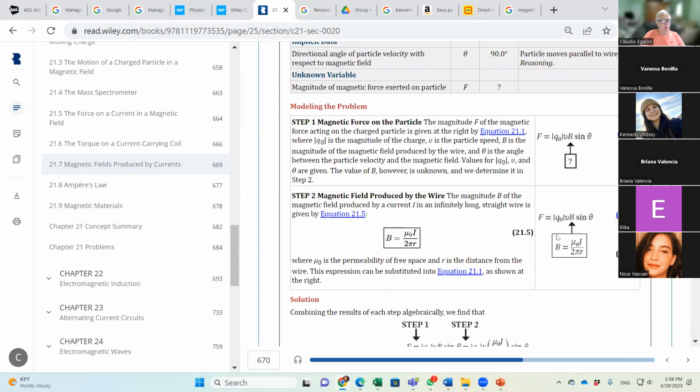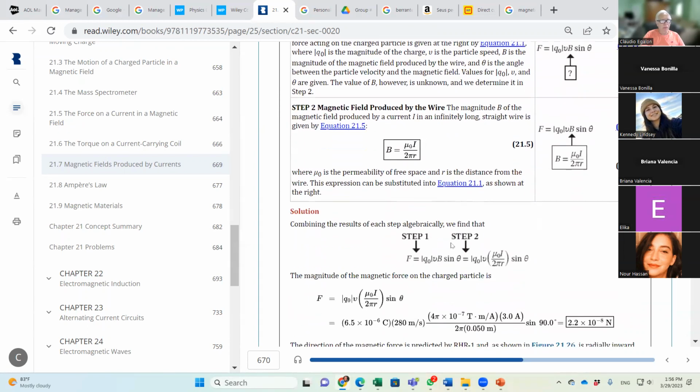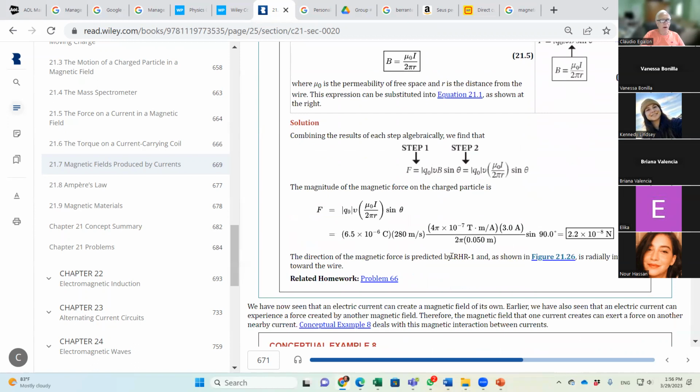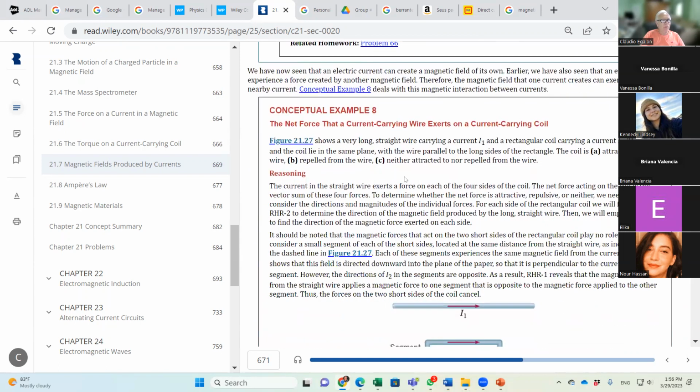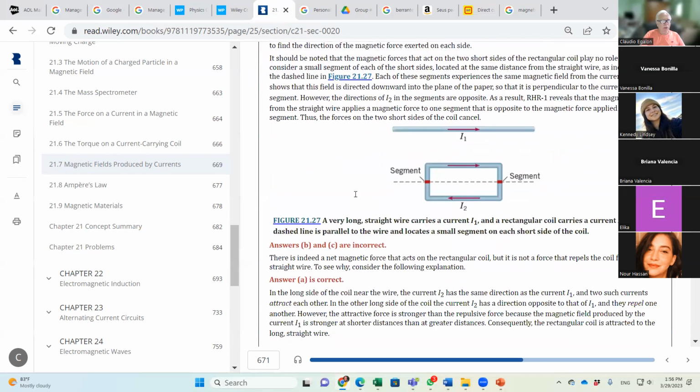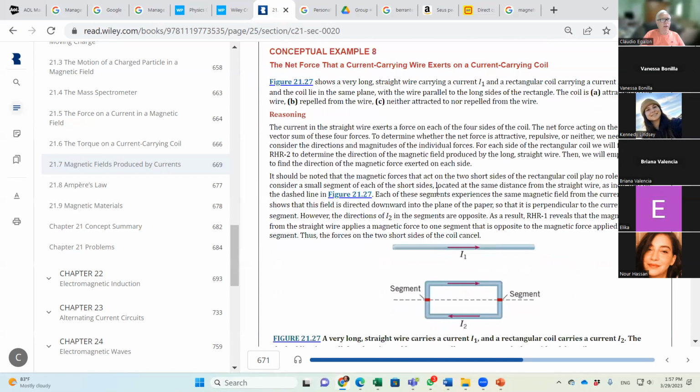What else can you do? The field produced by the wire is inversely proportional to distance. What else? Okay, net force. You can use the magnetic force between currents. Suppose that you have this straight wire here and a loop of current.